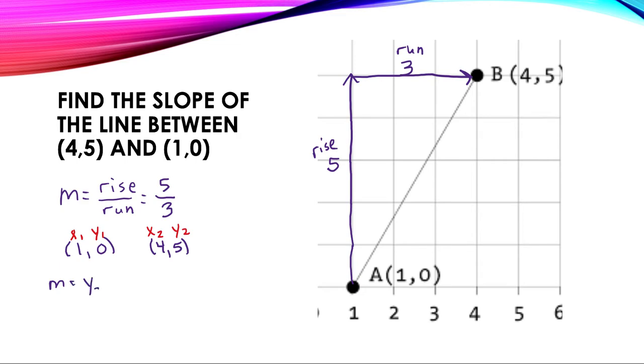So once we have that labeled, I'm going to go ahead and jot my formula down. So remember, your formula for slope is y2 minus y1 over x2 minus x1. And then we're going to place the numbers in the right place. So in place of this y2, I am going to put a 5.